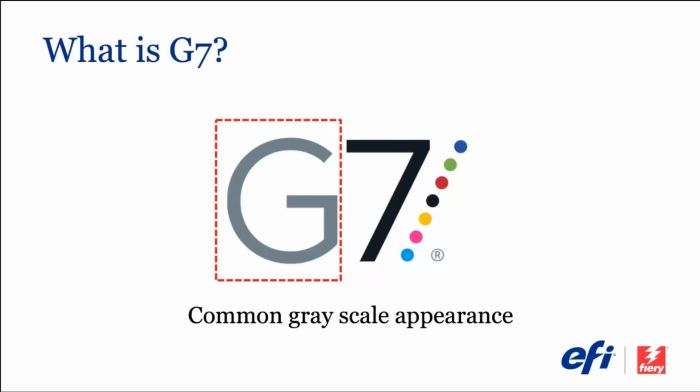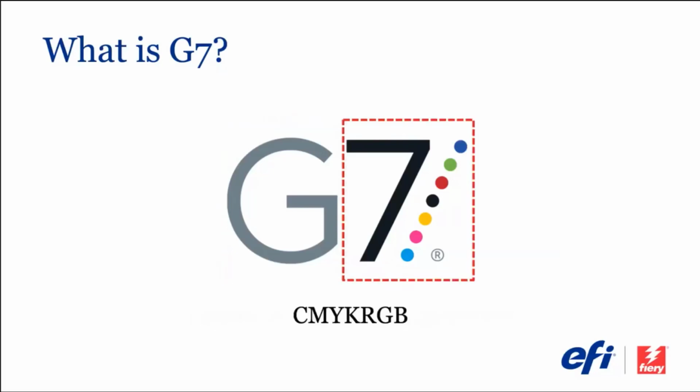And it was found that if the grayscale is accurate, and if we try to get the seven primary colors, cyan, magenta, yellow, black, red, green, blue, close to each other, and especially the grayscale, then we're going to have a better acceptance from our customers if we print on different media across different printing presses, okay?